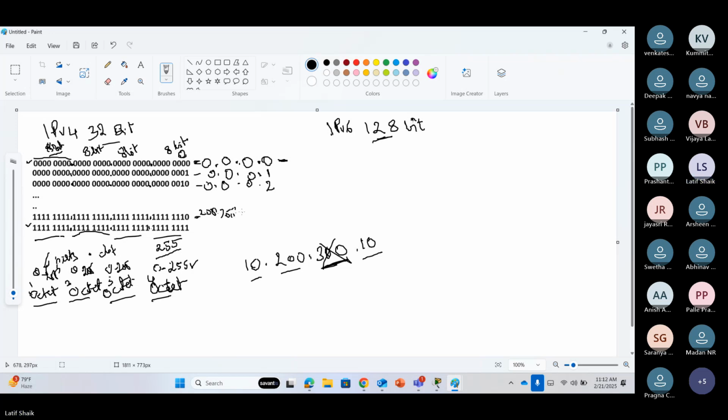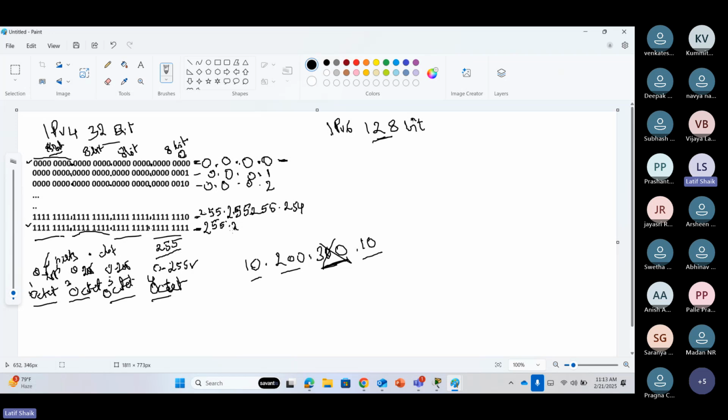The range reaches 255.255.255.254, and the very last one is the final one; after that there is no next one.